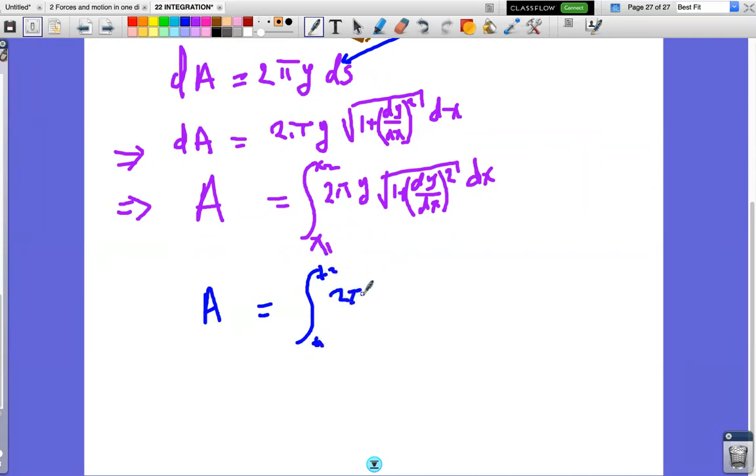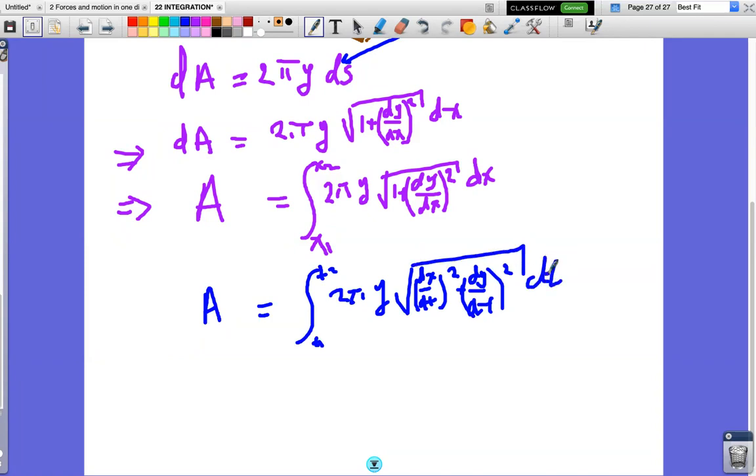to be the integral from t1 to t2 of 2 pi y square root of (dx over dt) squared plus (dy on dt) squared, dt. So these are the two formulas.